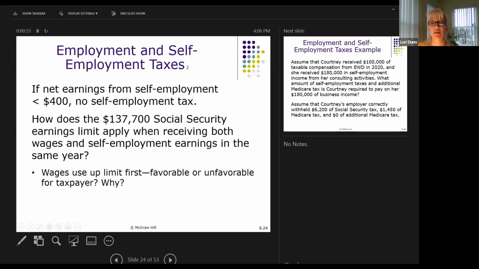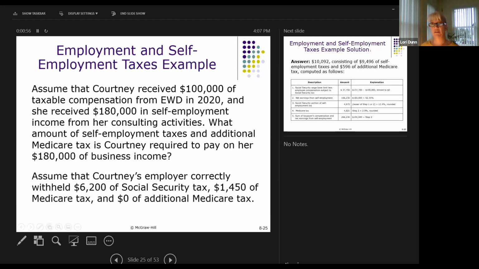Now, let's talk 2 seconds about self-employment tax. We've already talked about this, but remember, a self-employed person must pay their Social Security and Medicare tax just like everybody else. We call it self-employment tax, and they are subject to that same threshold. The question becomes, what if somebody works and is self-employed? How do they calculate their self-employment tax? So take a look.